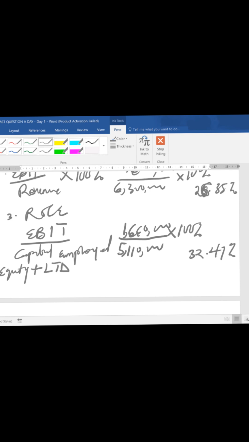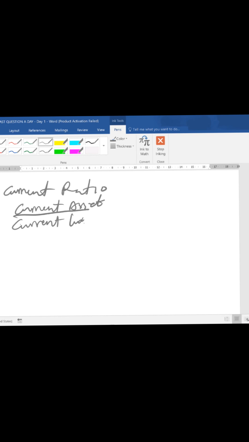Now we move on to the next ratio, which is our current ratio. And this is our current assets over our current liabilities, N is to 1.